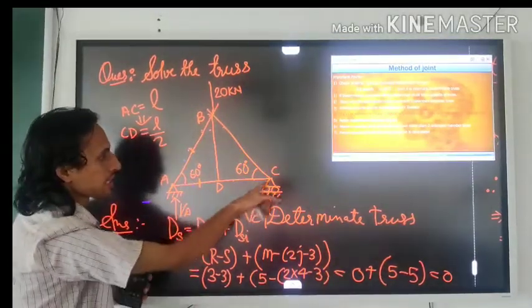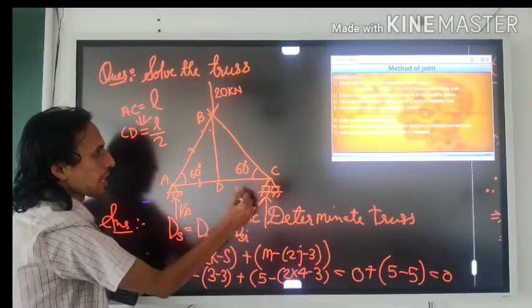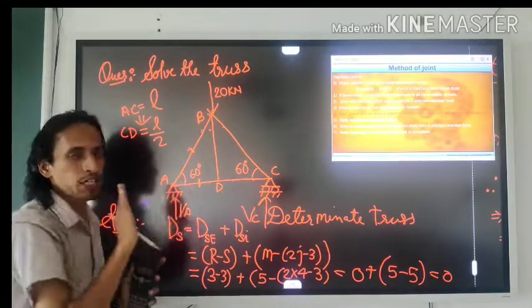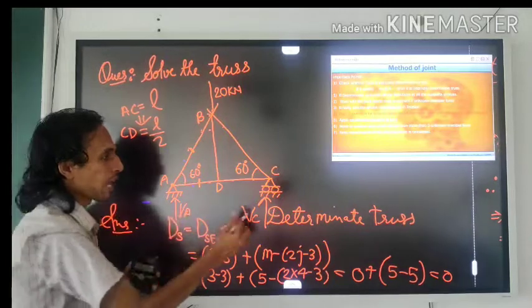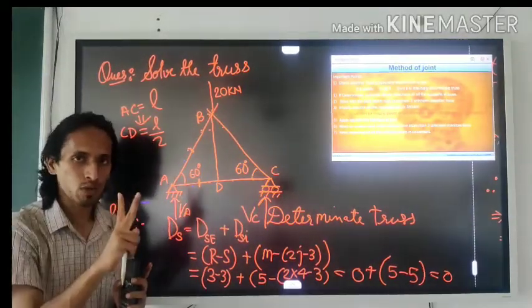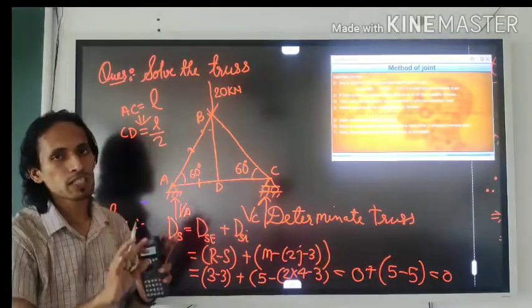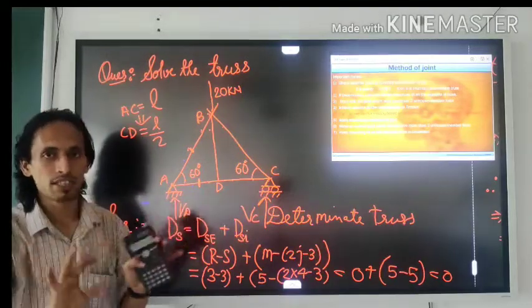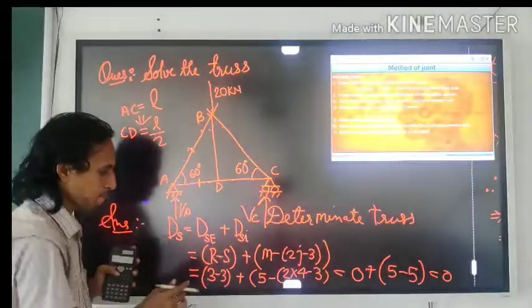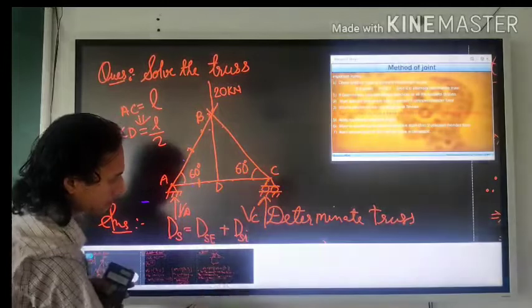Now at point C or joint C, CD we don't know, so 1 unknown. CB we don't know, so another unknown, and VC we know. So total there are 2 unknown. So here also 2 unknown, here also 2 unknown. So you can go to any of the joints. For now I am going to joint C. So let's solve at joint C.